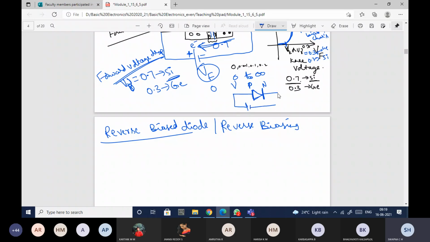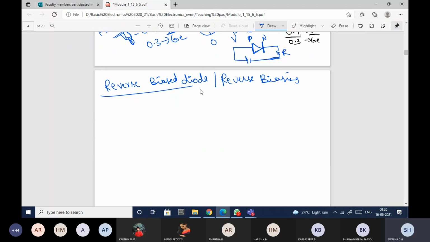This is the circuit diagram. And here we generally connect one resistor, to resist the current flow and to avoid damage to the diode. That's it. So, reverse biasing.